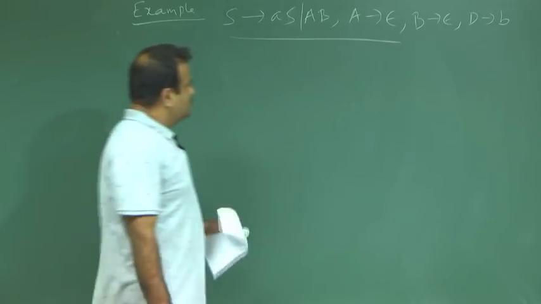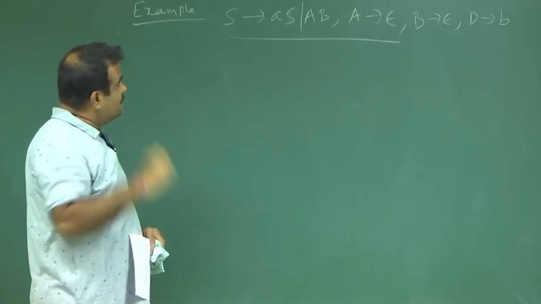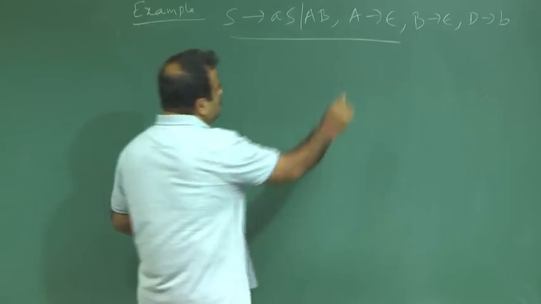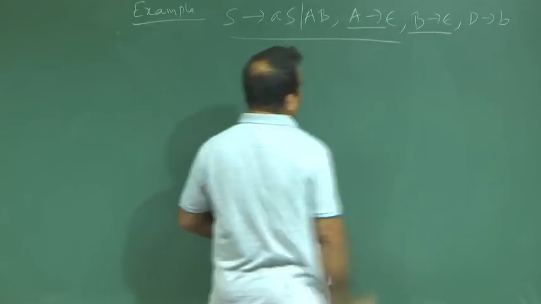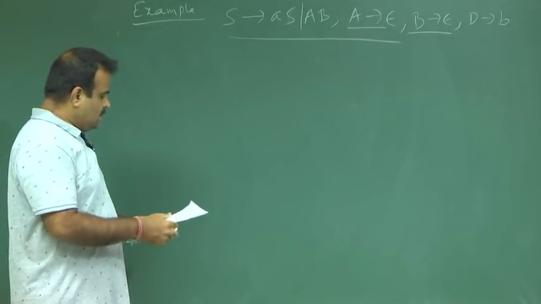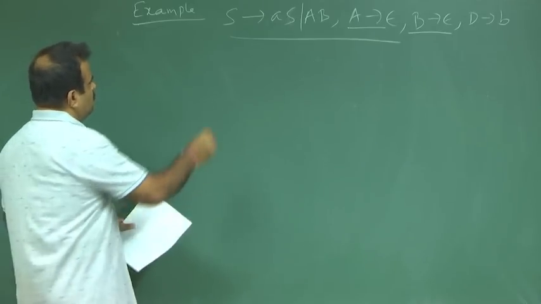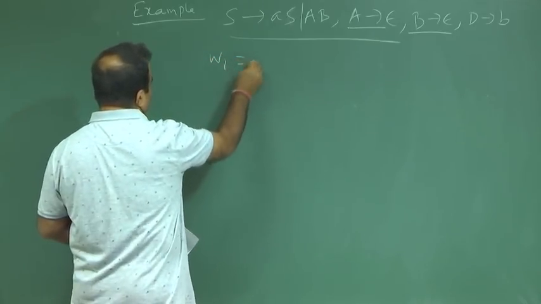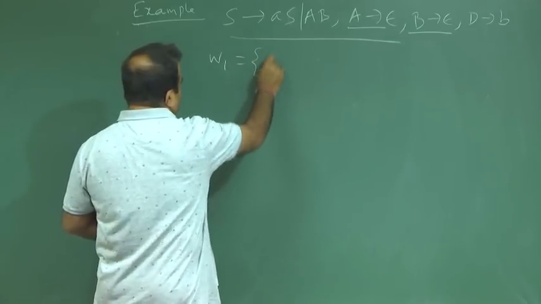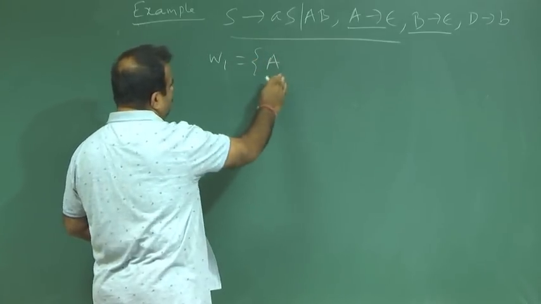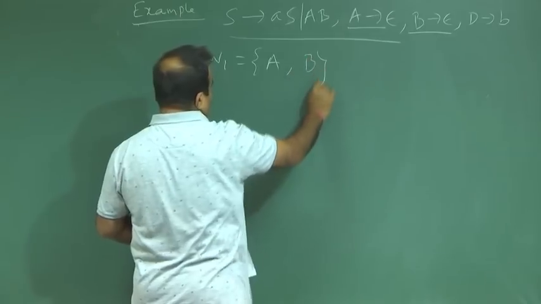Now, we want to construct a G prime. First of all, we have to find the nullable variables. These are the variables which go directly to epsilon. So, this will come into W 1 or W 0, whatever you say. If you start with W 1, then it is okay. So, W 1 is all the variables which go directly to epsilon.